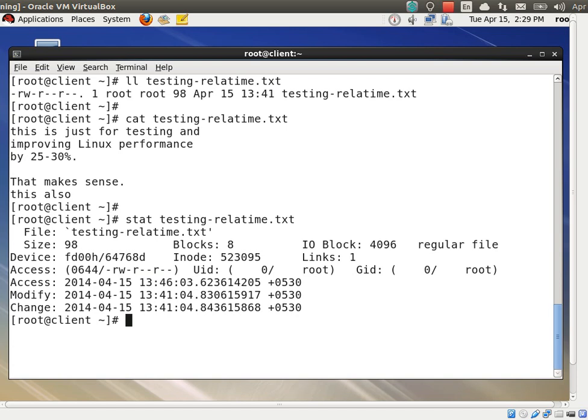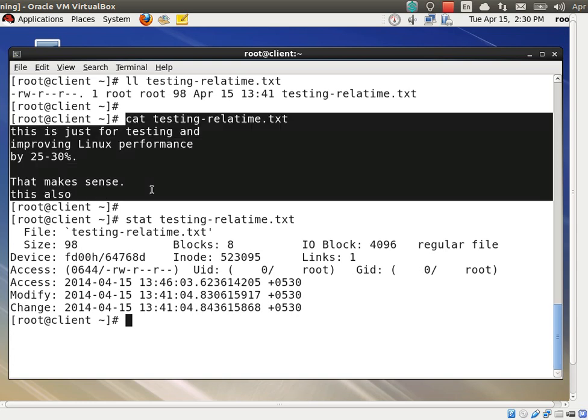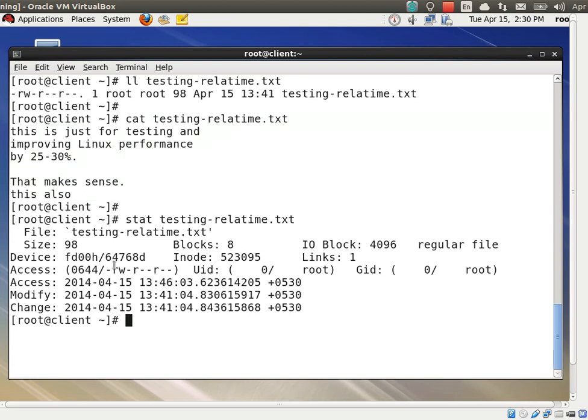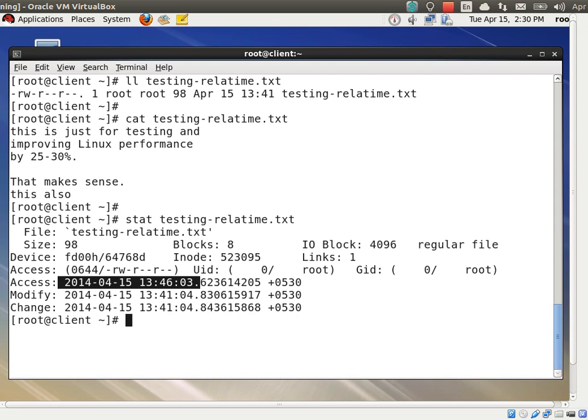So prior to RHEL 6, what was happening, every time you were doing a cat or you are reading some library file, even from the cache, the access time was modified by the operating system every time. So it was giving an unnecessary load on the operating system, right?